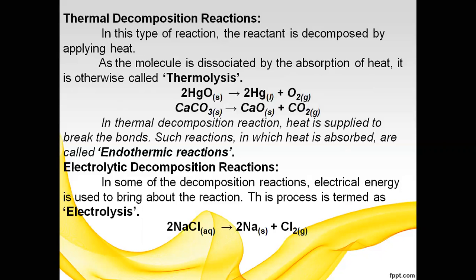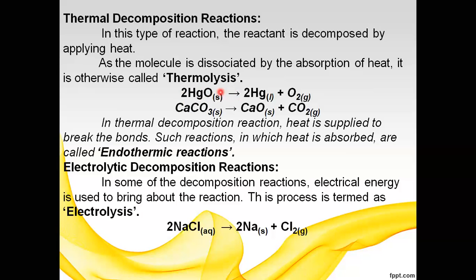So another example is HgO. This is a compound. This compound is divided into two simple substances, that is element and element. HgO is a compound and it is heated. இந்த ஏரோ மார்க் மேல heat அப்படின்னு சொல்லிட்டு வரணும். ஓகேவா?